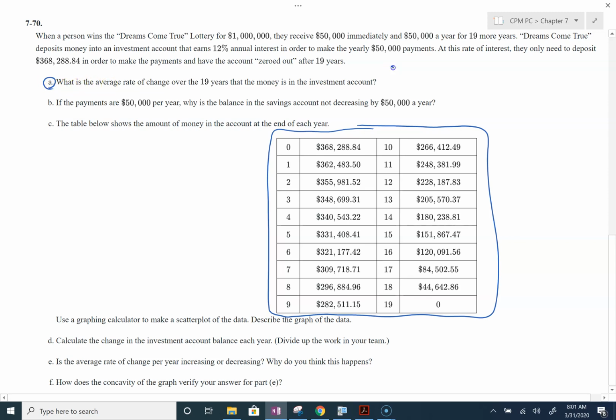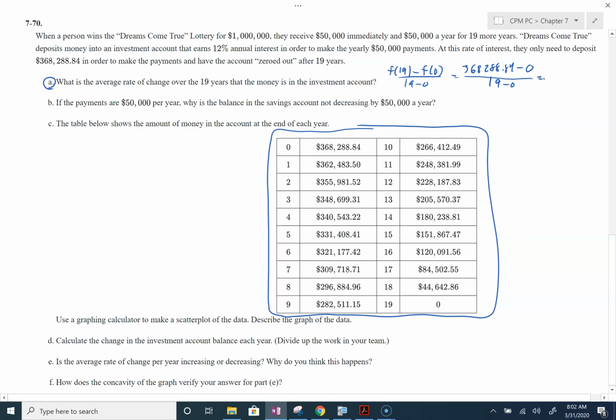So that would be f of 19 minus f of 0 over 19 minus 0. So that's 368,288.84 minus 0 over 19 minus 0.